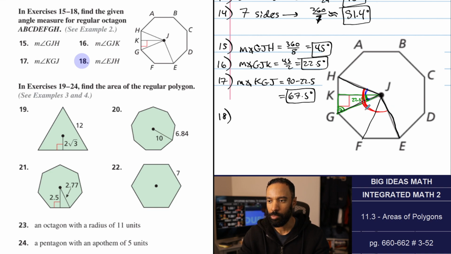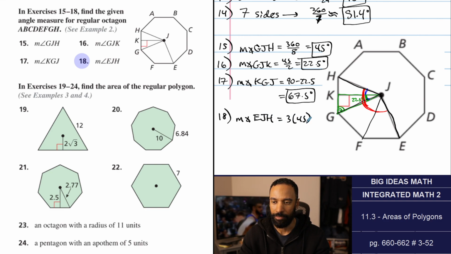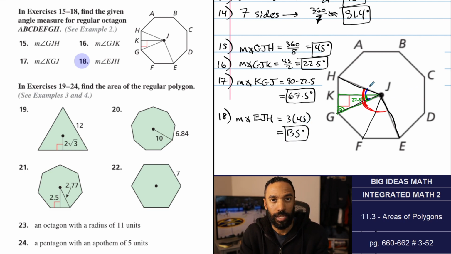You have 1, 2, 3 congruent triangles with all 3 central angles being 45 degrees. So measure of angle EJH is 3 times 45, which is 135 degrees. So that makes up 3/8 of your entire circle, regular polygon.